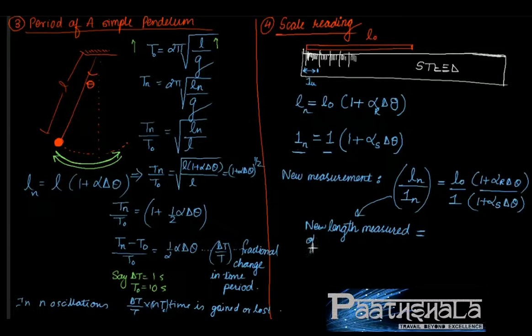So the new length measured of the rod by the scale, okay, let me write that also. Of the rod by the scale is equal to L naught into (1 + alpha r delta theta) upon (1 + alpha scale delta theta).